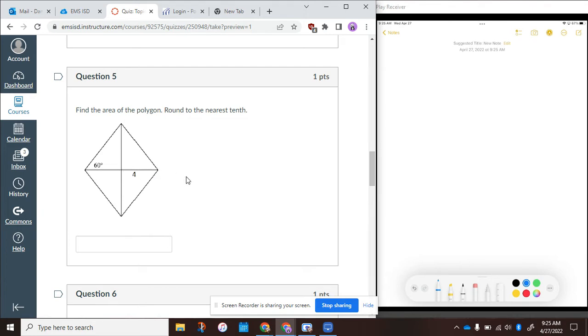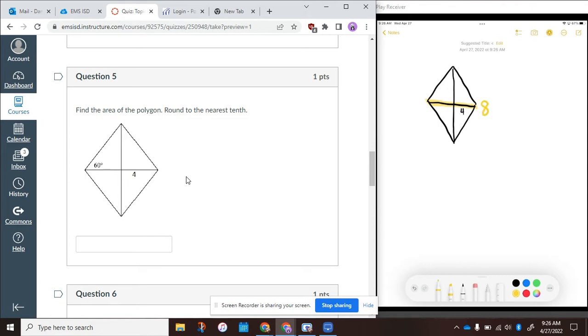So as we look at this, you know what, I'll just go ahead and recreate that diagram on my little notes app here. Okay, we know that if this side is 4, then this whole entire yellow highlighted diagonal altogether is going to be 8.